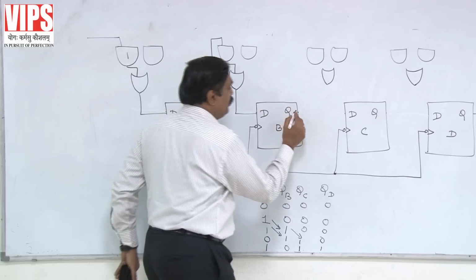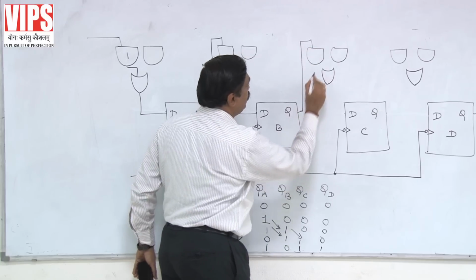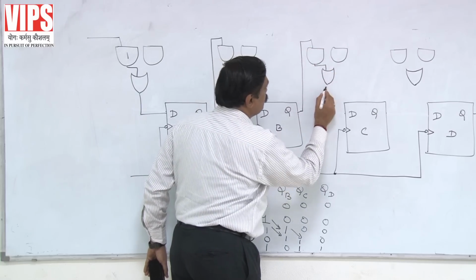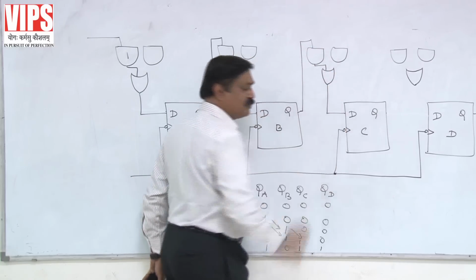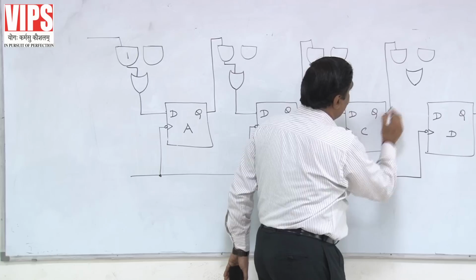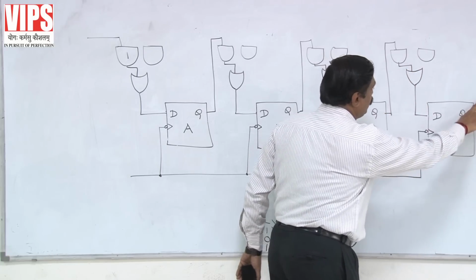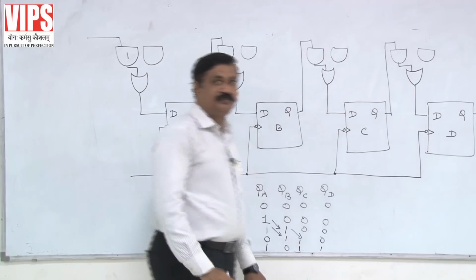Similarly, you have to draw this Q to the AND gate, this to this, and this to this. Again, this Q to the AND gate, here, here. Now you are getting the output here.